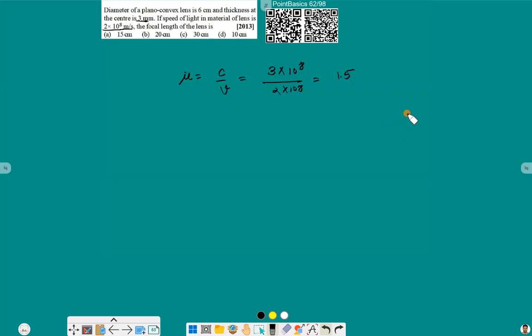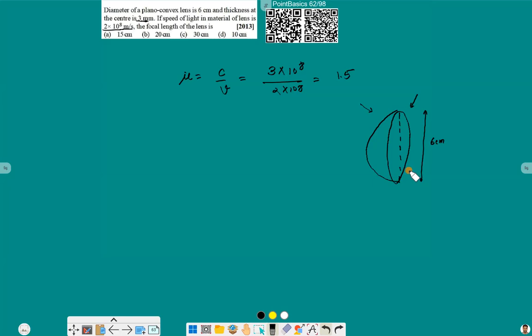So here, this is a plano convex lens, so it will look something like this. Suppose this is our lens, this is the planar side and this is the convex side. Now this distance, that diameter, is 6 centimeter, and the thickness at the center is 3 mm.